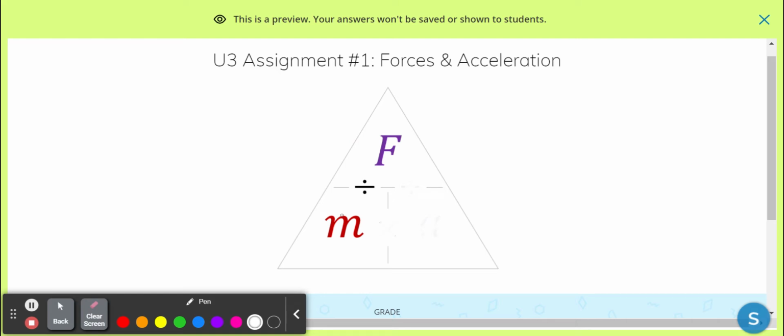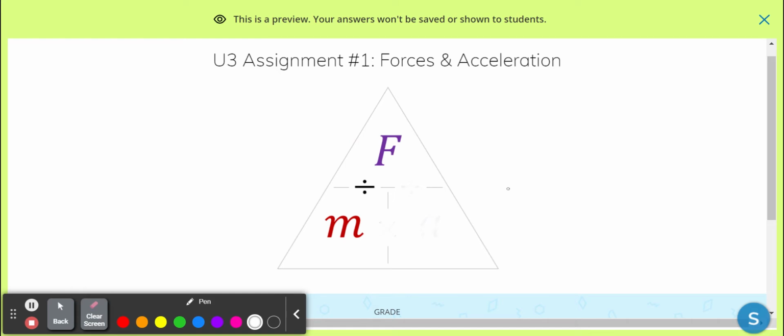I want to point out that you can also get this equation by rearranging it algebraically, but since this isn't a math class, it's a science class, I try and take the focus off of the math part a little bit so we can focus in on the physics part of it.